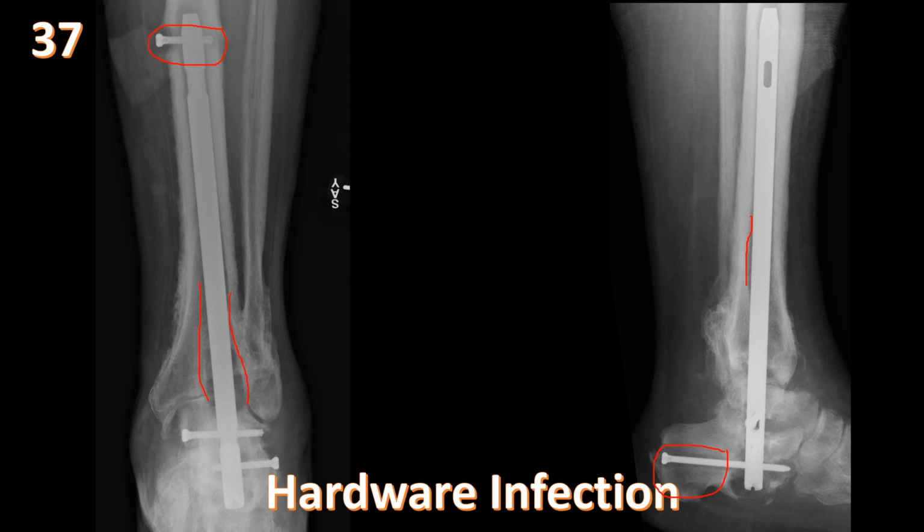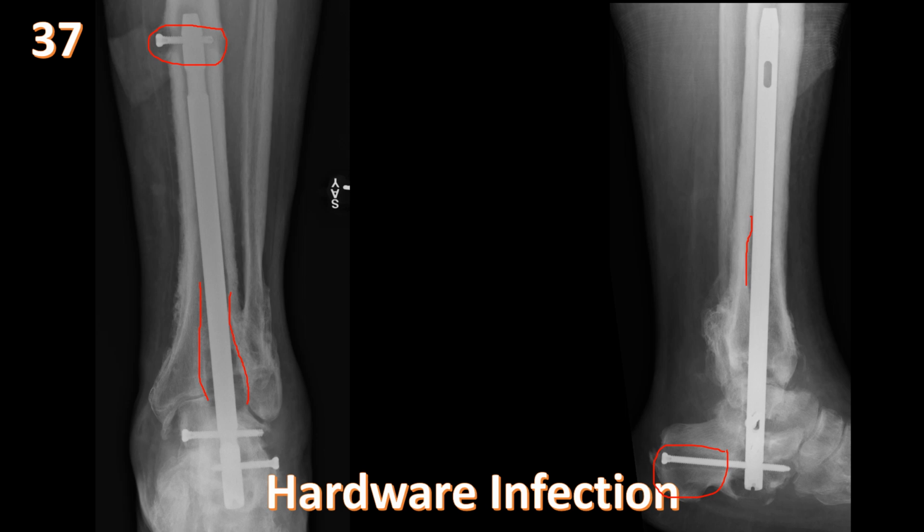It's just several portions of it. And of course, when you have infection, you have loosening. You also can see a lot of periosteal reaction here around the fibula and distal tibia, which are also consistent with infection. So asymmetric perihardware lucency, more than 2 millimeters, think infection.